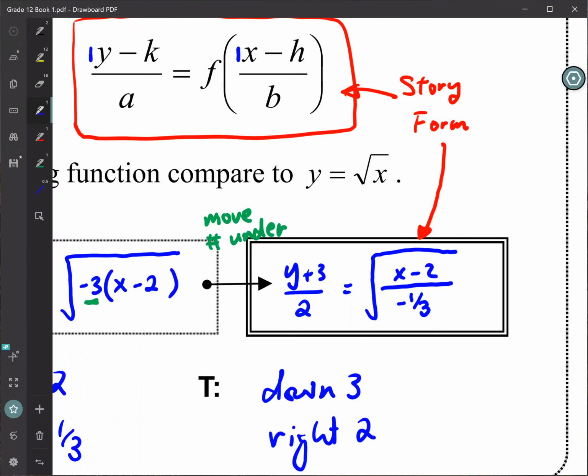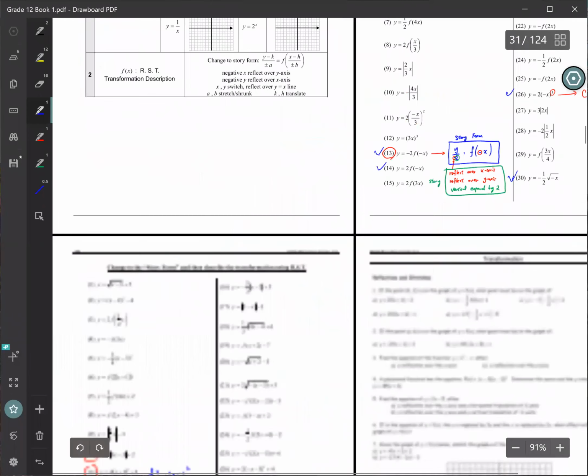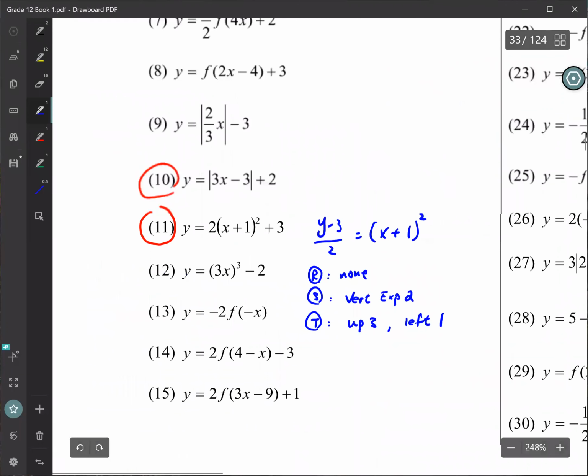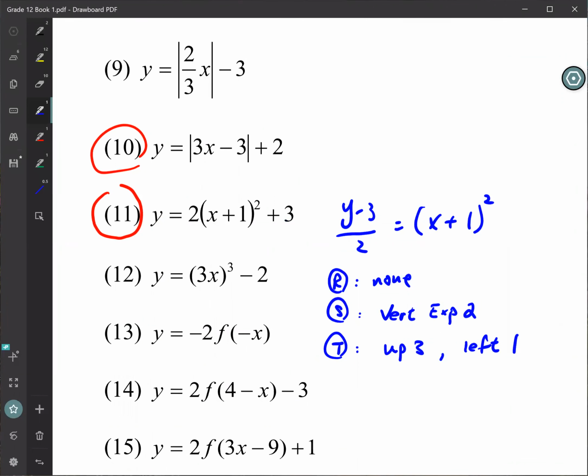The right hand side could be a square root, could be a square, a bracket squared, could be absolute value, could be anything. Please raise your hand if you got both the story and the story form.